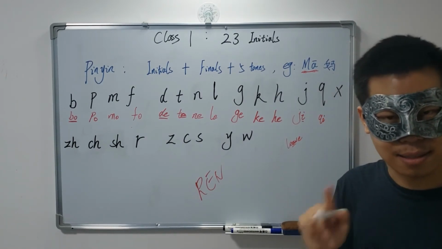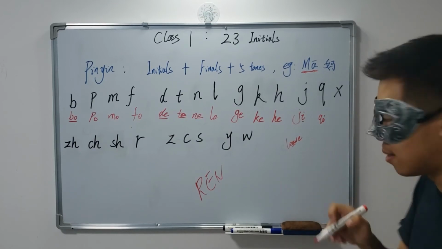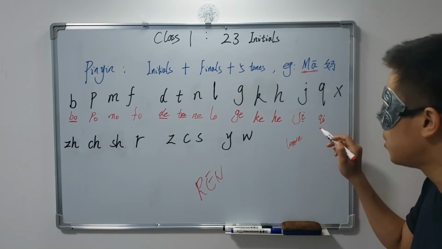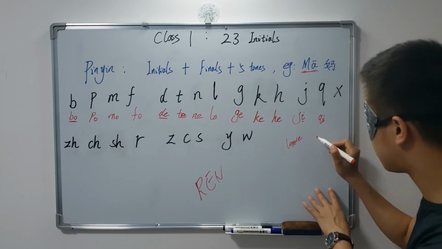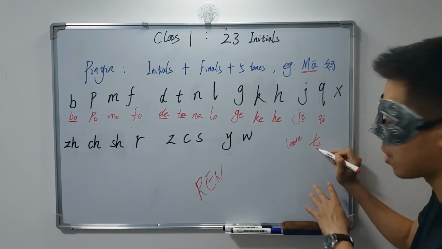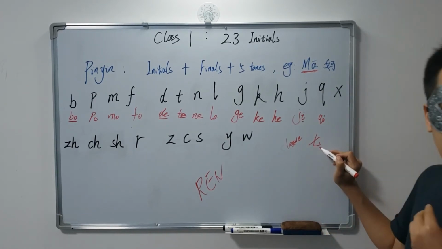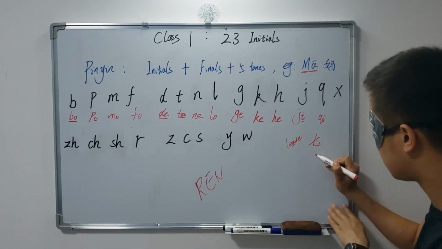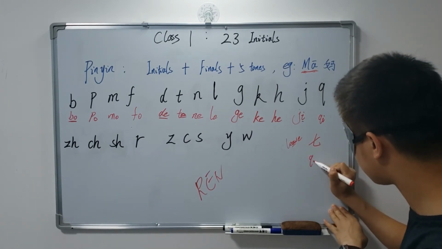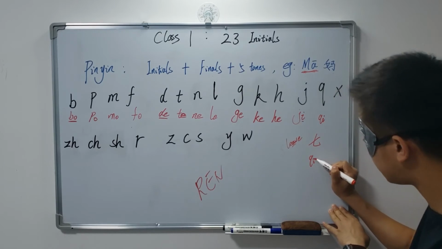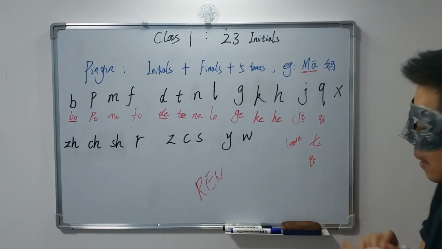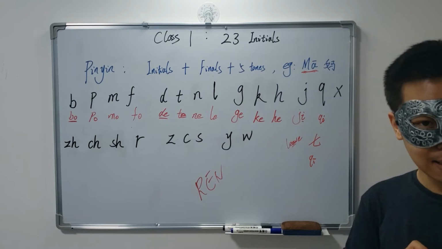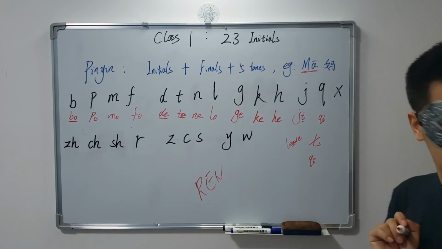In Chinese pinyin, it is qi. Its pronunciation is qi. This is 7 in Chinese. Its pronunciation is qi, the first tone.